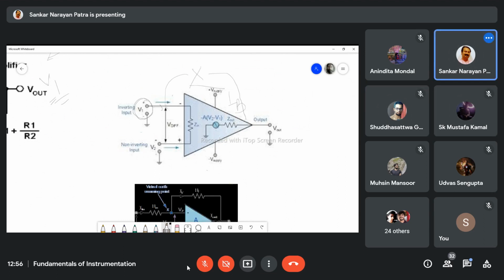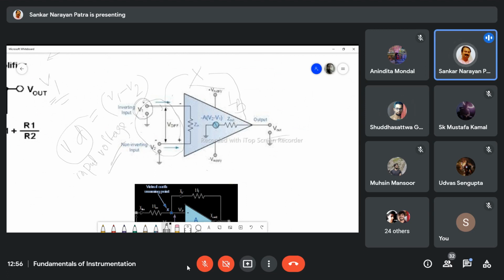So whatever the voltage difference, V1 minus V2, that is the differential voltage VD, will be considered as the input voltage. And what about the output voltage?